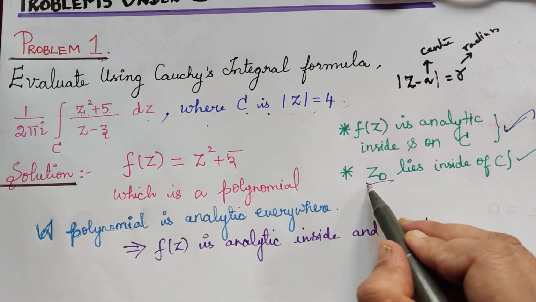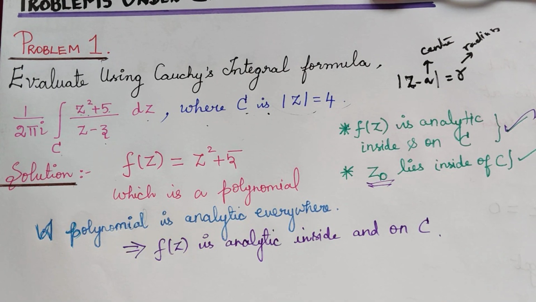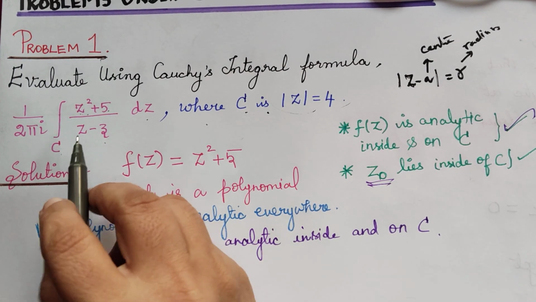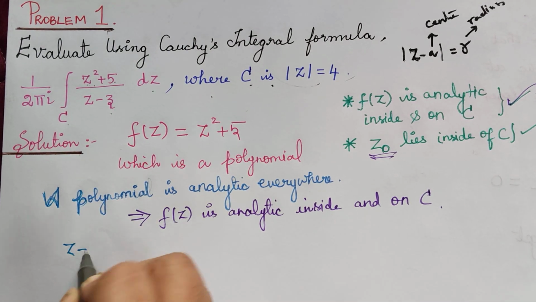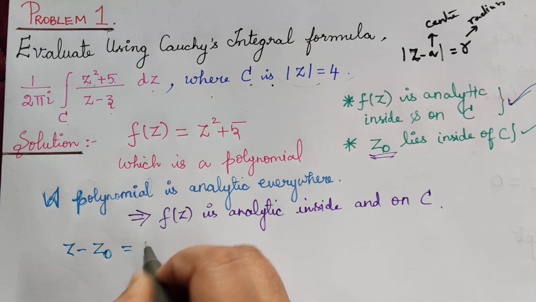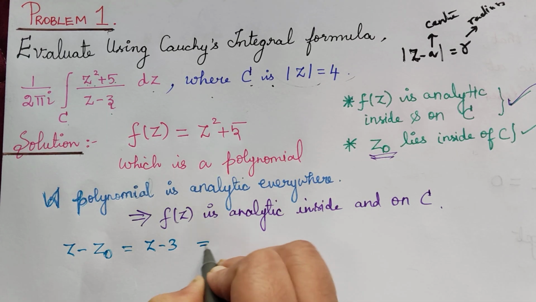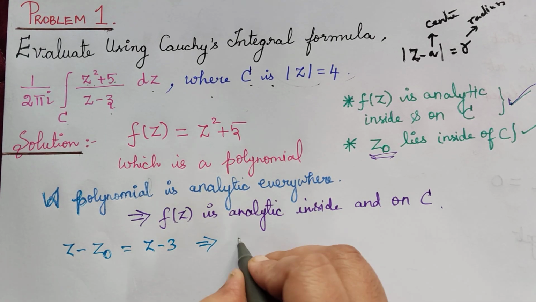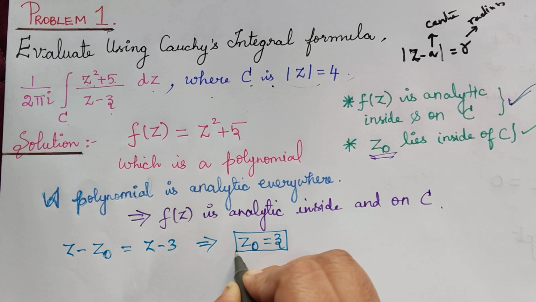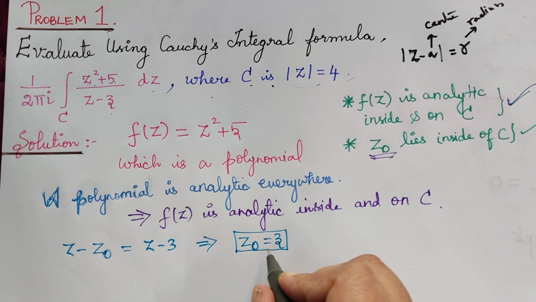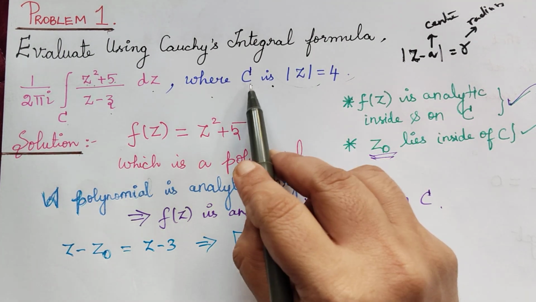Now we shall check about z naught. What is z minus z naught? It is z minus 3. So z minus z naught is equal to z minus 3, and comparing both sides, we get z naught equal to 3. Now we have to check whether this lies inside or outside the given circle.